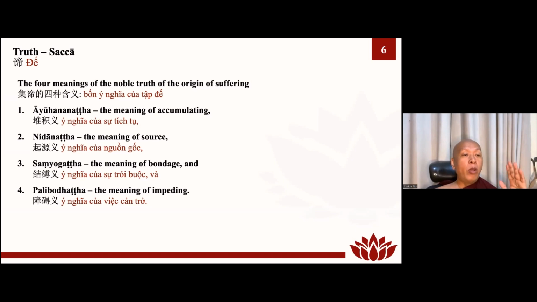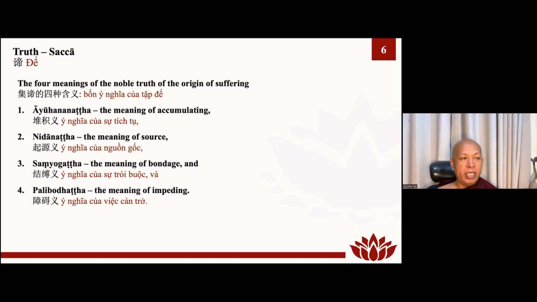We may have Buddhanussati, Dhammanussati, Sanghanussati, right? These are good things to recall. That's why here, in the case of Samudaya Satya, although we say ayuhanata very simply, only the meaning of accumulating, it's not that simple. The hidden meaning is making efforts to recall something, to remember something. That means we may like or dislike, right?